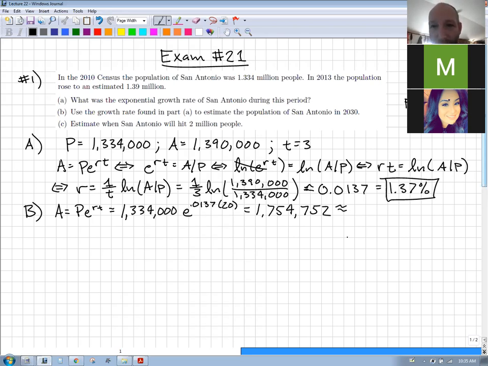But since they're only giving us accuracies up to a few decimals, we should round this off to like 1.75 million. We know it's not going to be accurate up to the person because the numbers they gave us were rounded off to one or two decimal places in the millions. So I'd say 1.75 million.